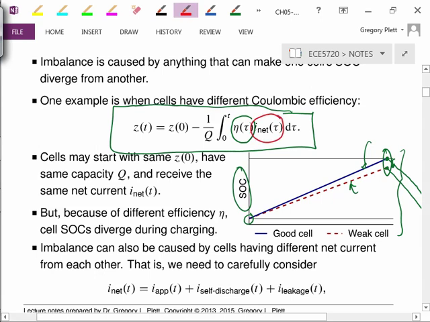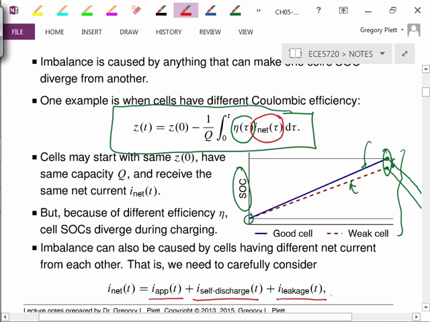Then looking at the equation, another thing to think about is, is there any way for the net current experienced by different cells to be different? So the net current we write as the applied current to the battery pack, but there's also some self-discharge that may be different from cell to cell, and there's some leakage current.